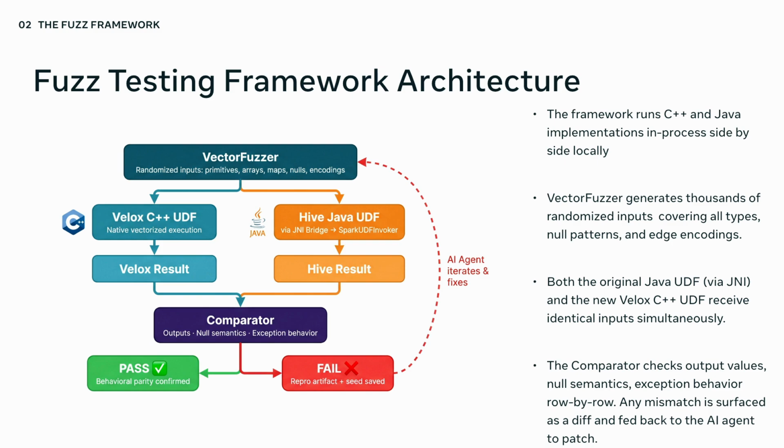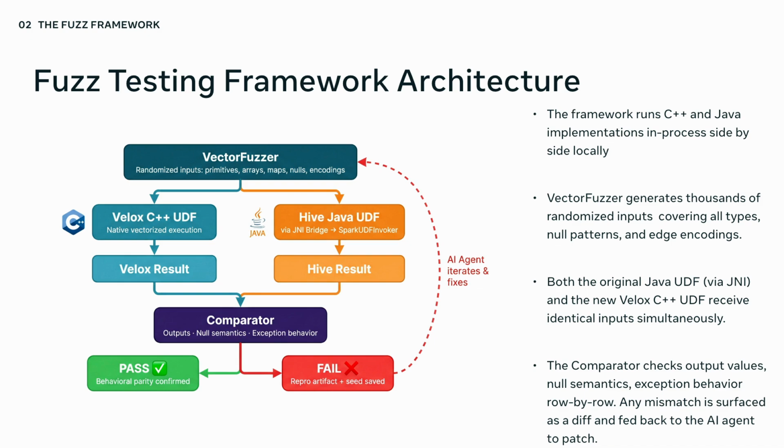If we look into the fuzz testing framework at a high level, on the top, we leverage the Velox vector fuzzer to produce randomized inputs with different data types, nulls, and different encodings. On the left side, we run the new AI-generated C++ UDF directly with the random input data. On the right side, we run the Java UDF with the same input through JNI.